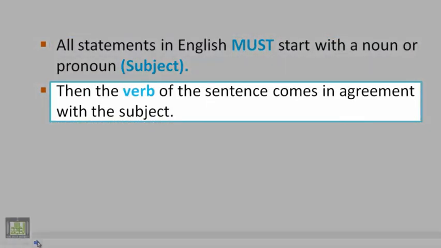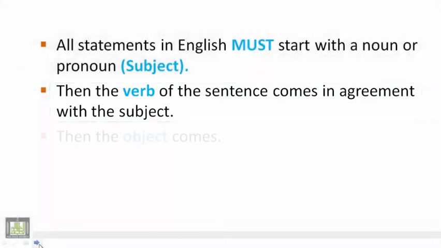Next, then the verb of the sentence comes in agreement with the subject. So after the subject, which is a noun or a pronoun, we have the verb, which is always, as we mentioned earlier, in number agreement with the subject.